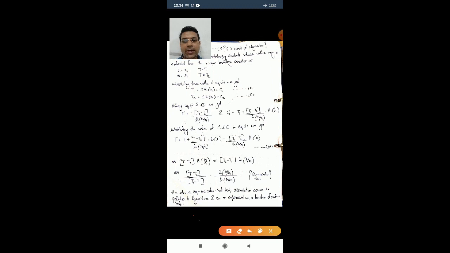Till now, I have told you that T1 minus T2 in dimensionless form is represented for the cylinder, and I have told you also that the temperature distribution across the cylinder is logarithmic, which can be expressed as a function of radius only. After that, due to wrong sequencing of pages, I told you about composites. So please correct those points. I'm going to the next correct page. Please, sorry for that.